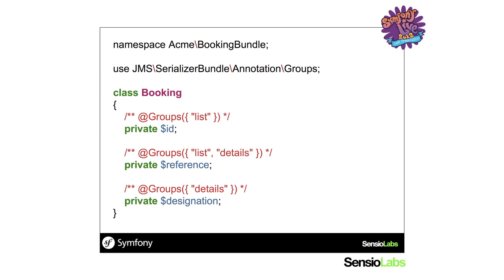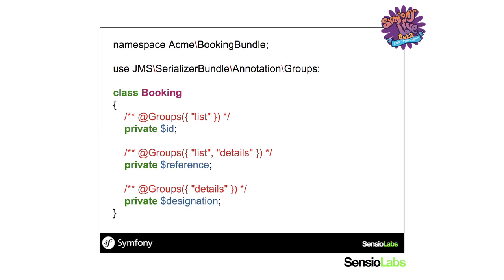For example, when you validate your registration form, you will validate the username and the password, but when you edit your profile, you won't have to change your username. That's the same with this JMS Serializer bundle. You can specify which properties you want to expose for a specific context and which values you want to export for another context.